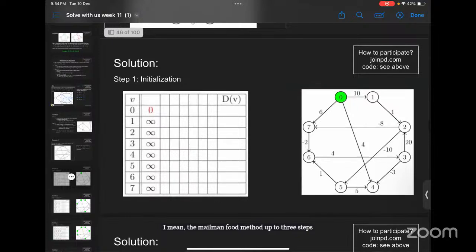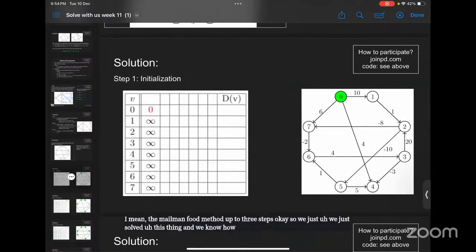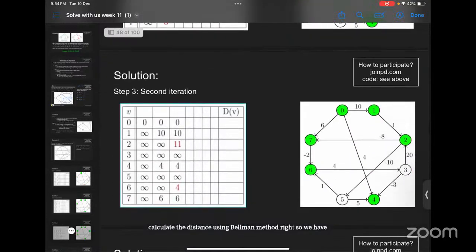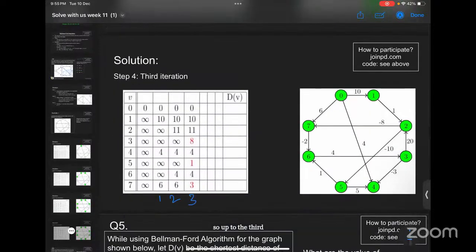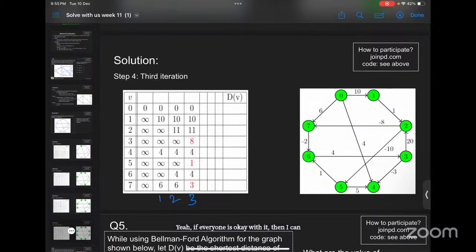We just solved this and we know how to calculate the distance using the Bellman-Ford method, right? So we just have to calculate up to the 3rd step: 1, 2, and 3. You can do this by yourself, right? If everyone is okay with it, then I can skip the problem, because there is no meaning in wasting time.